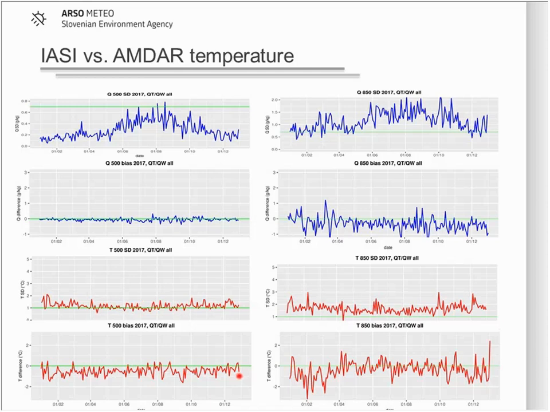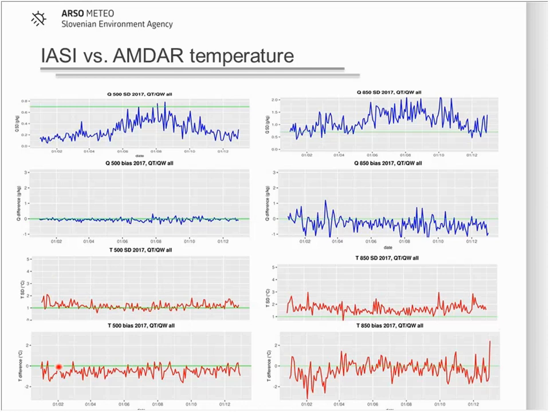Maybe I should explain that here I take all the measurements from one day, average them and calculate the standard deviation. We have the whole year of 2017, and each point represents the mean bias from one day.